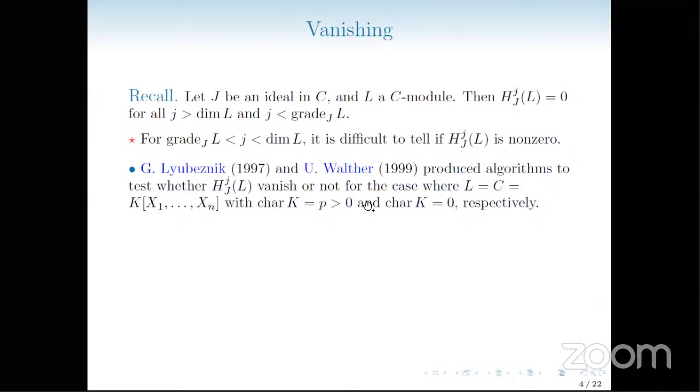Here I also want to remark that there is an invariant called the cohomological dimension, which is defined as the highest integer j such that the local cohomology module of some module does not vanish. But the cohomological dimension can also be determined as the least integer j such that the ith local cohomology module of the ideal I of R does not vanish.